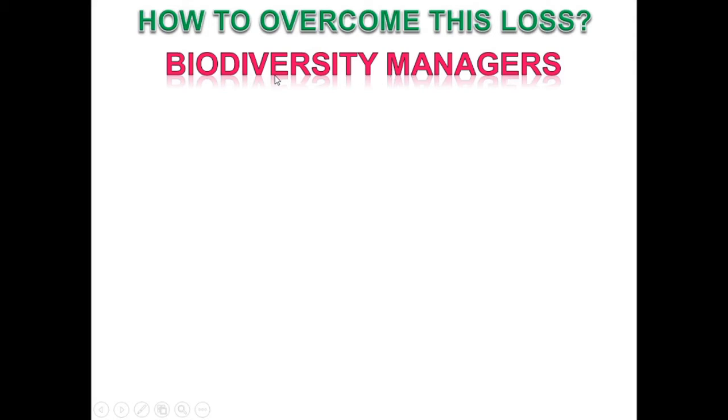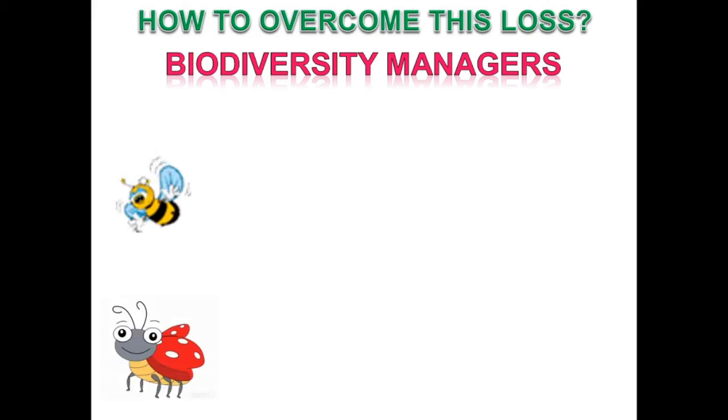In every situation and in every department, management is very important, and the managers are very important to manage the whole department. In the same way, there are managers to supervise or overcome this biodiversity loss. There are specifically a few species, I mean, there are 5 Bs.